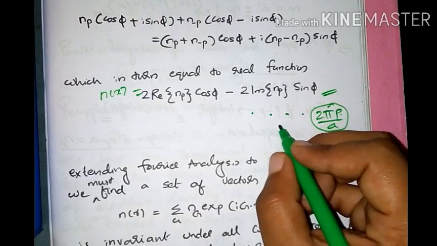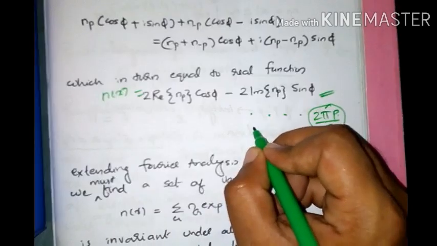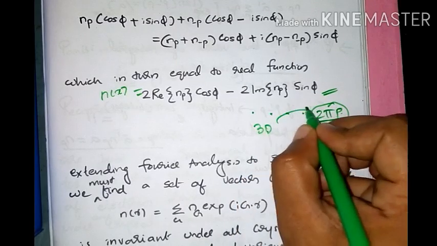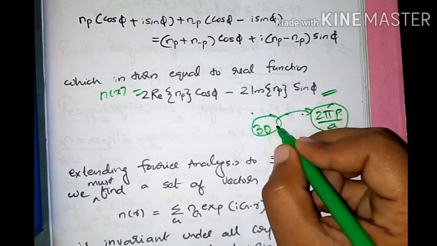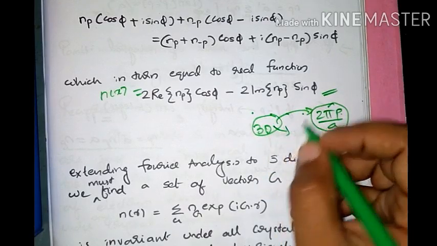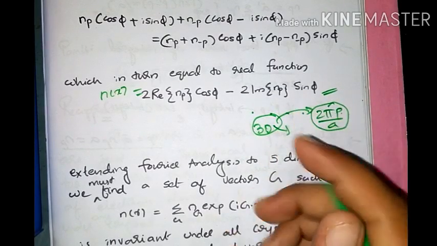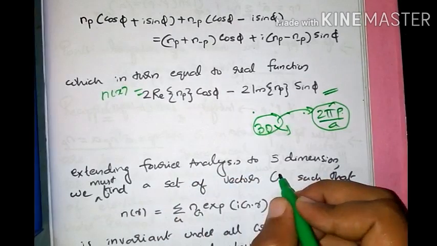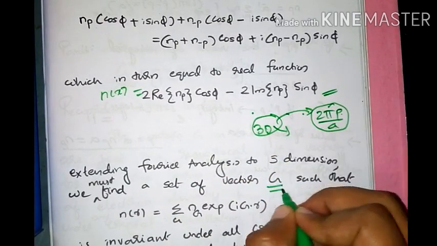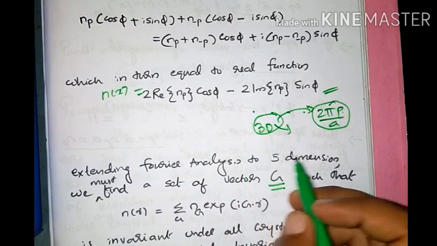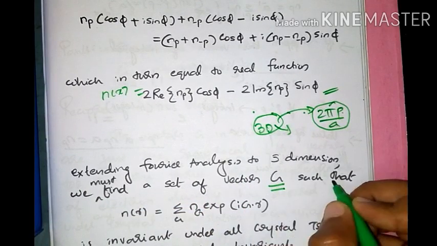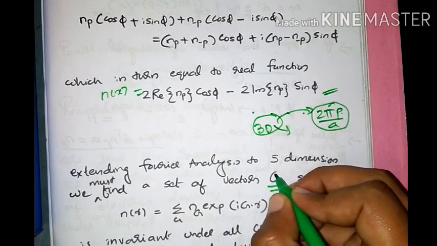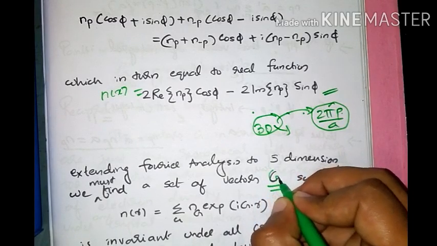Now we have to find the 3-dimensional reciprocal lattice point, which we denote by G. Okay, extending the Fourier analysis into 3 dimensions, we must find a set of vectors G. This is a reciprocal lattice vector.